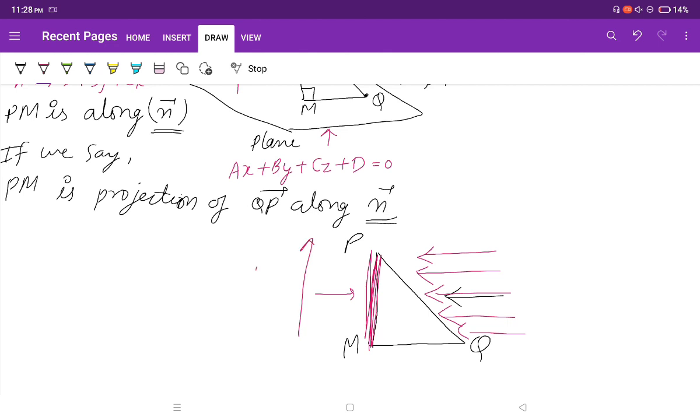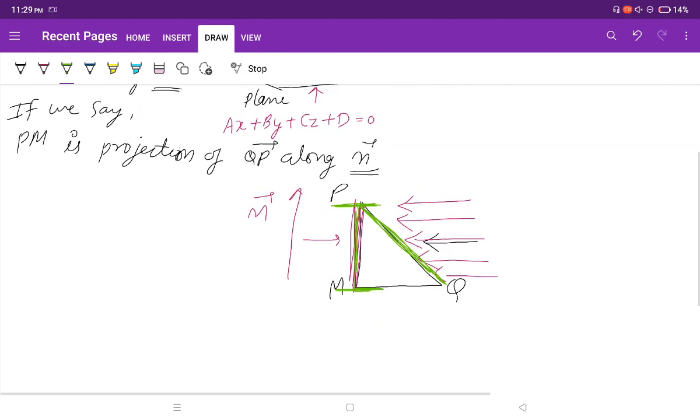We have n vector here, and if I project this PQ over n vector, it will give me this PM. So PM is nothing but the projection of QP vector along n vector. So let's calculate that projection.